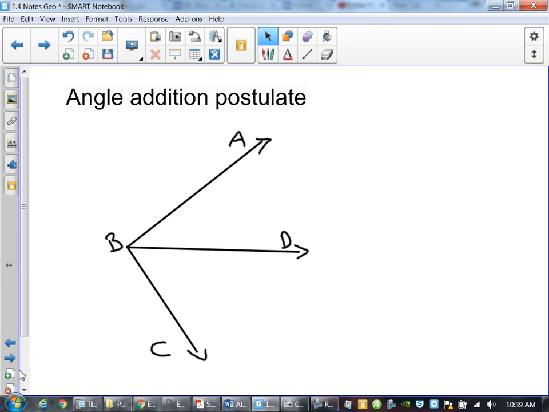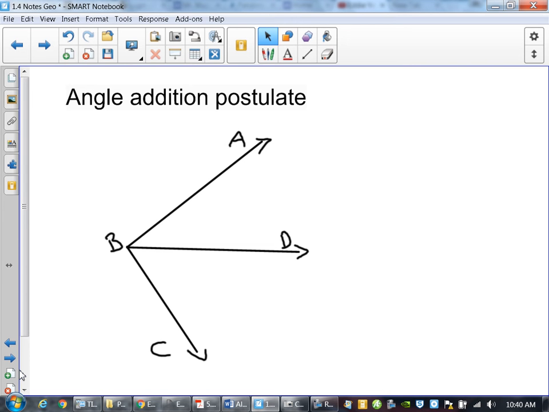Angle addition. What do you think this is going to mirror itself from? Adding. You're right. What did we just get done adding together a couple of days ago? Segments, very good.